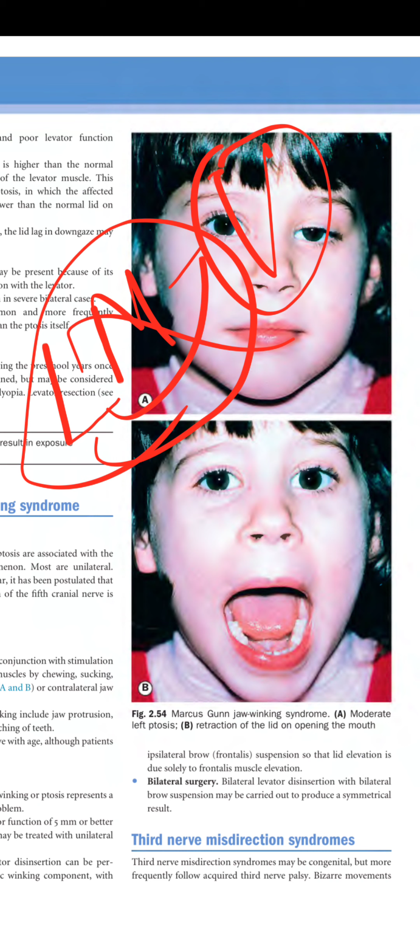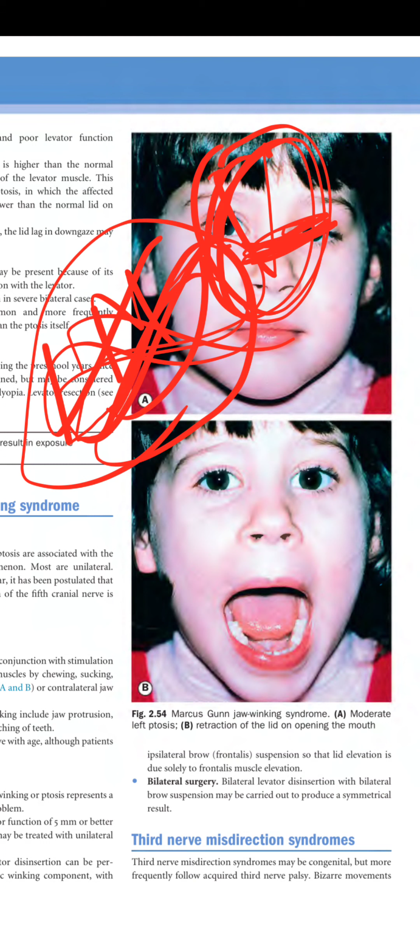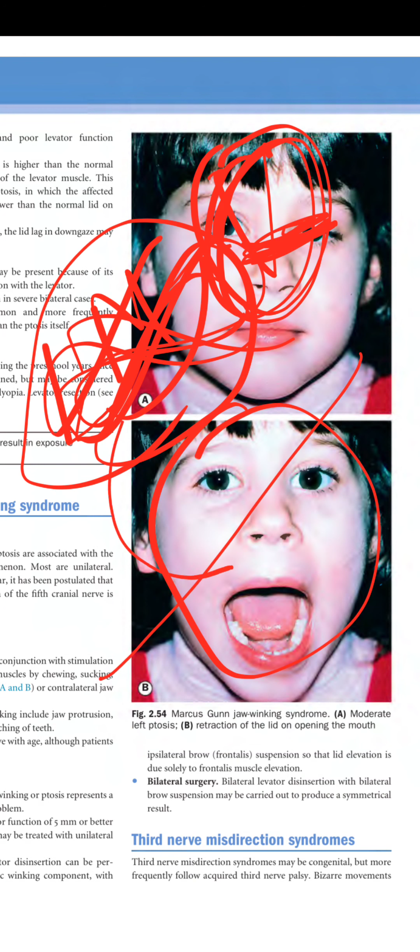Why? Because the innervation is being supplied by the fifth cranial nerve, you cannot do much about it. So you resect all the muscle so that the innervation is gone, and then you do the frontalis sling procedure to improve the ptosis.